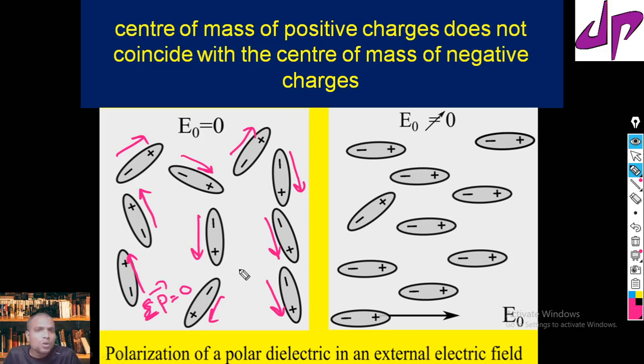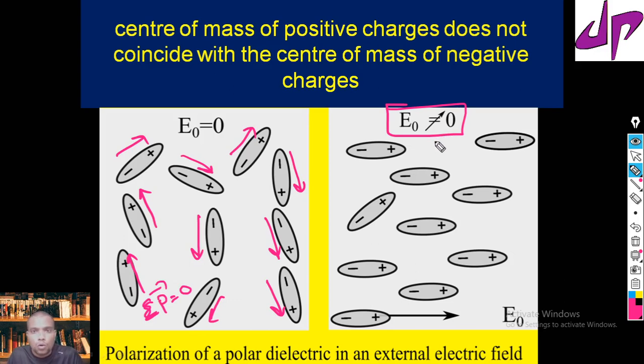Here they do not contribute any net dipole moment in the absence of the external electric field for the polar molecules. But once you apply an external electric field, here in this case the external electric field is not equal to 0.